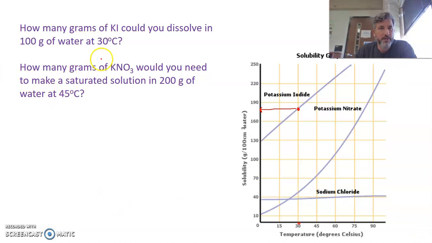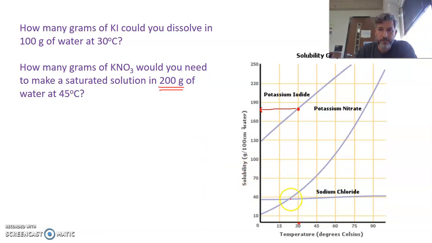All right, how many grams of potassium nitrate would you need to make a saturated solution in 200 grams of water? So let's be careful here. 200 grams of water is twice as much water. So what I can do is use my chart to figure out how much I would need in 100 grams of water, and then we'll just double it, right?